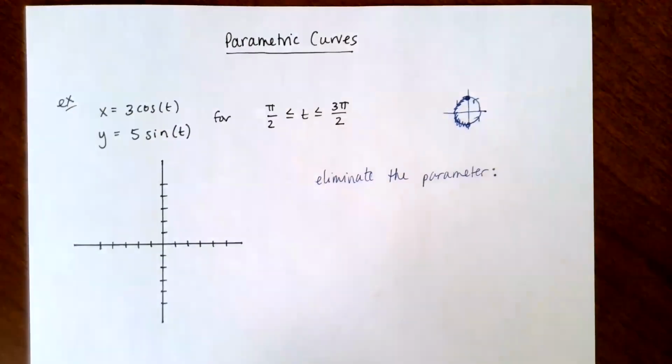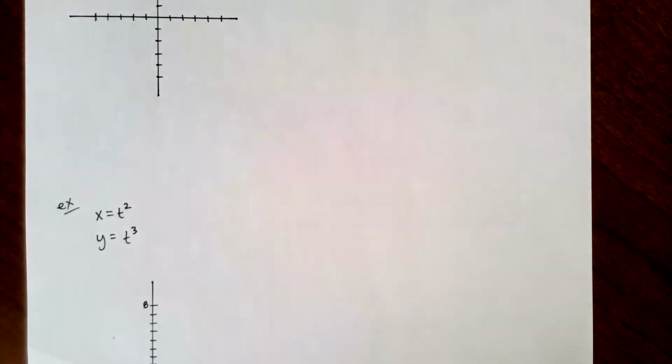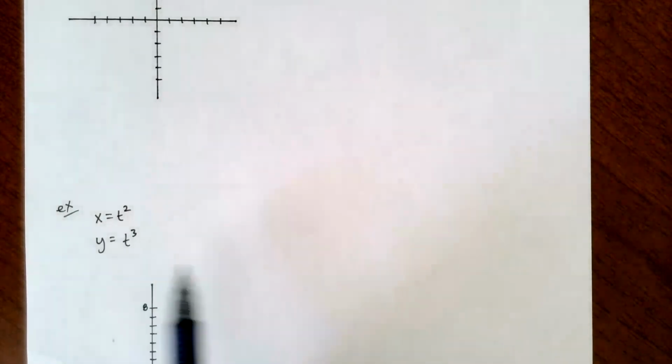The information it gives us is the total path of the parametric curve without any direction or speed factored in. Typically, such as in the next example, to eliminate the parameter, we'll solve one of these equations for t and then plug that into the other equation.